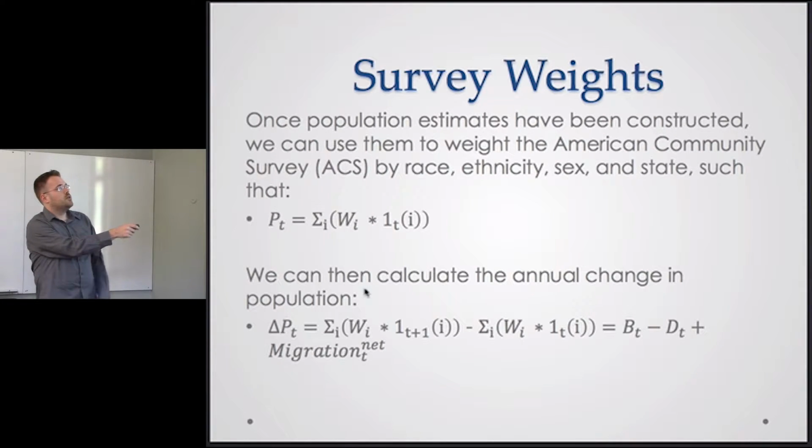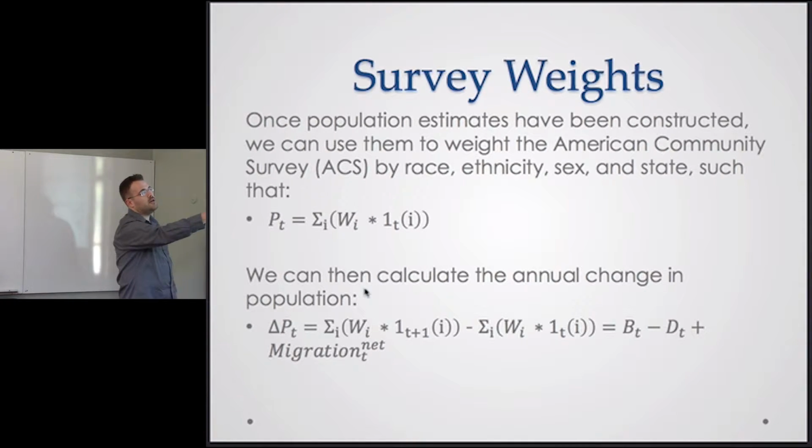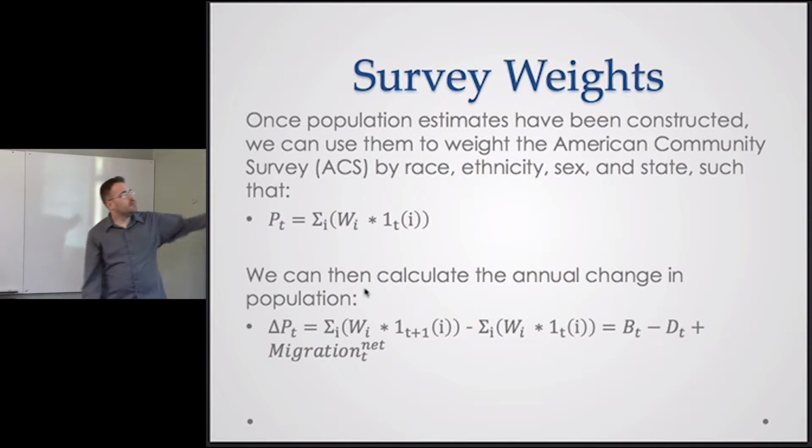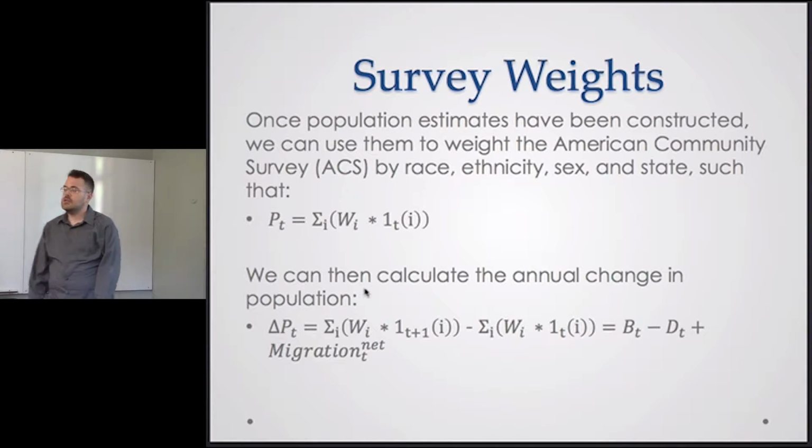So this is the race, ethnicity, age, state, sex specific population. These are the people in that category, and these are the weights that those individuals are assigned. We can then calculate the annual change in population by subtracting the difference in these weighted estimates across years to back out an estimate of births, deaths, and migration.